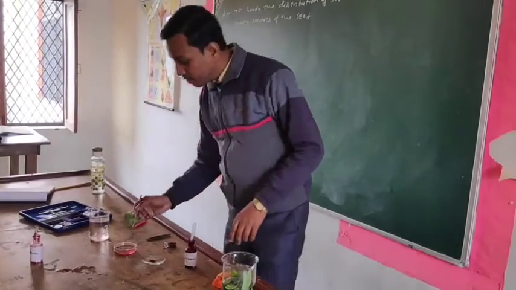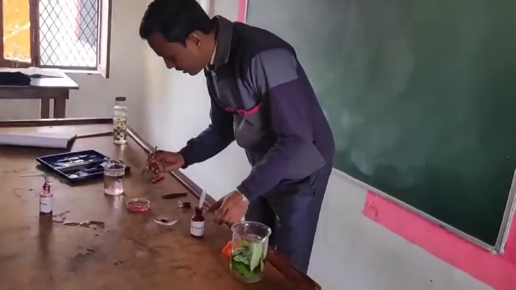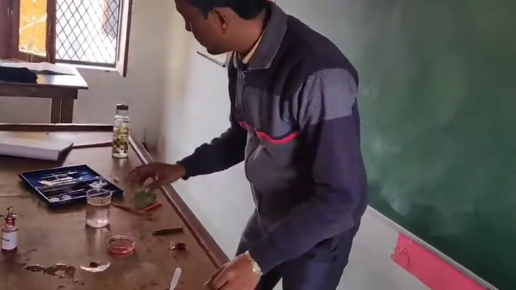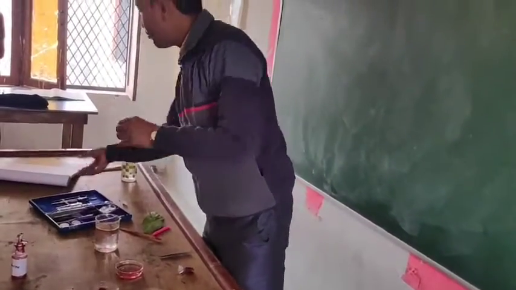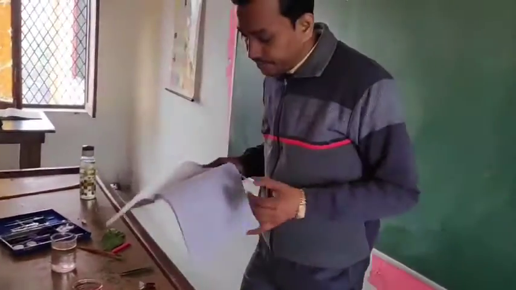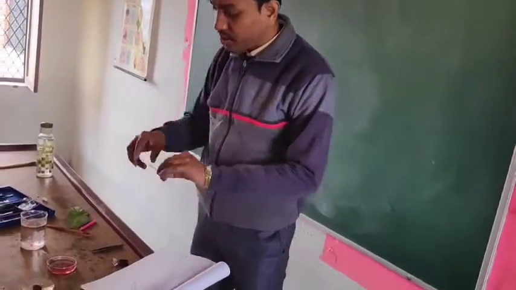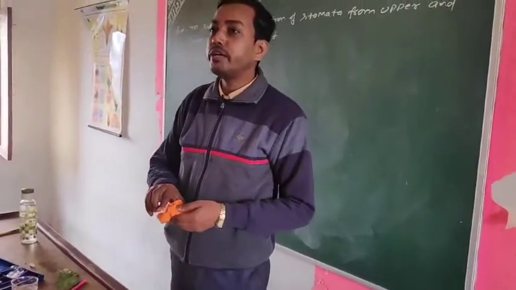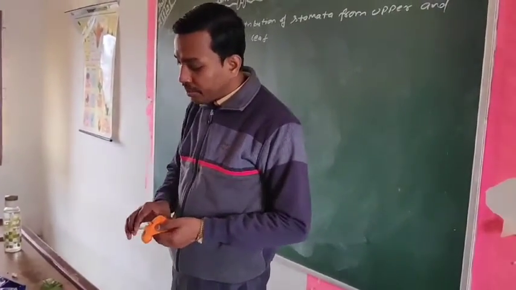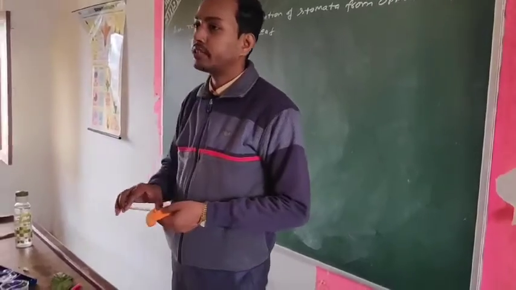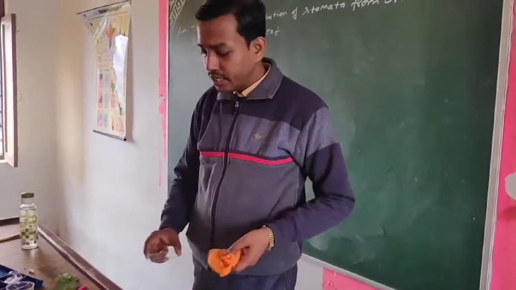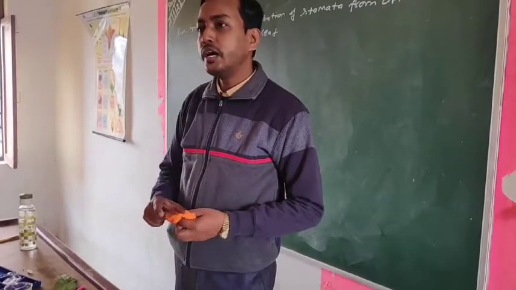Now back to the next step, that is to transfer the leaf peel over the slide. So this is the slide, and why do we use the white page? In order to recognize the leaf peel very carefully, because if the page is not blank, if there is written material or it is a colored page, then we cannot clearly observe the leaf peel.